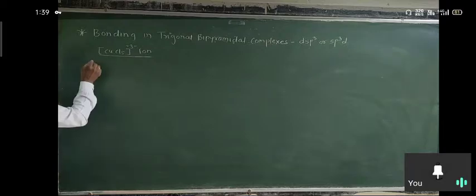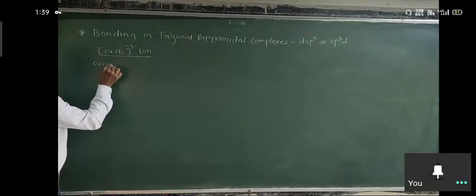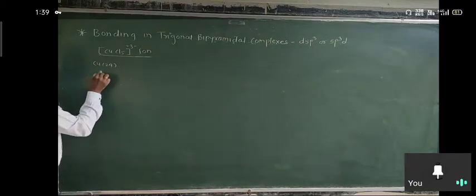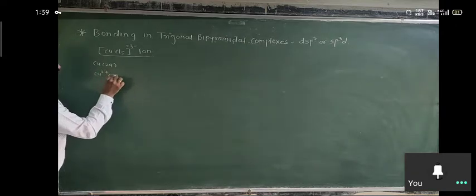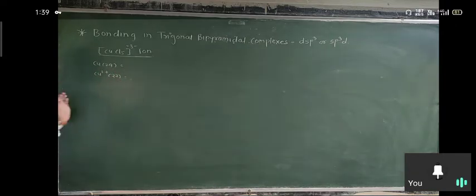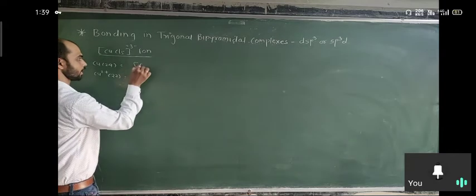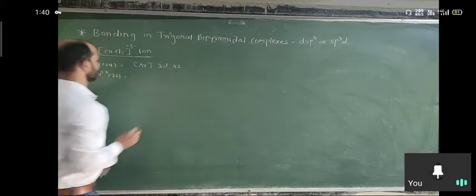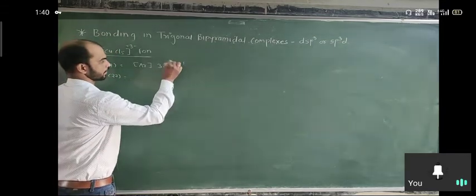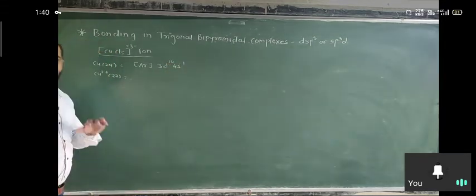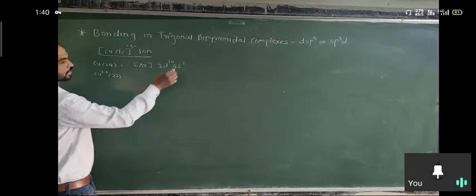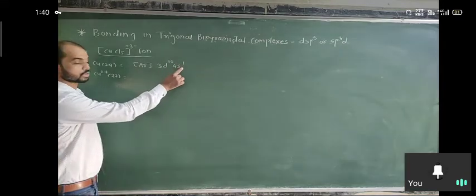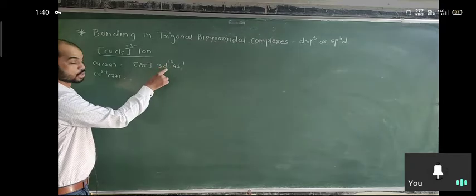Okay, so we can write the electronic configuration of copper as well as Cu2+. So we simply write the outer electronic configuration. So Ar 3d 4s. Okay, so 4s1 3d10 is the electronic configuration of copper. When two electrons are lost, the first electron is lost from 4s, the next one is lost from 3d.